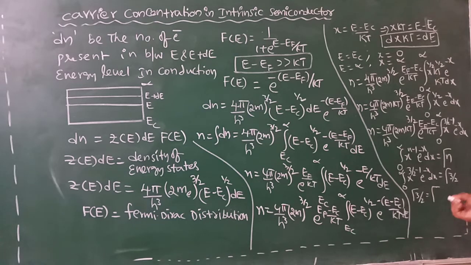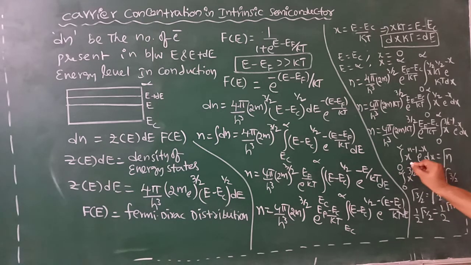So gamma 3/2 looks like gamma (1/2 + 1), which means n gamma n, that is 1/2 gamma 1/2. The value of gamma 1/2 is root pi, so 1/2 gamma 1/2 has the value 1/2 root pi.